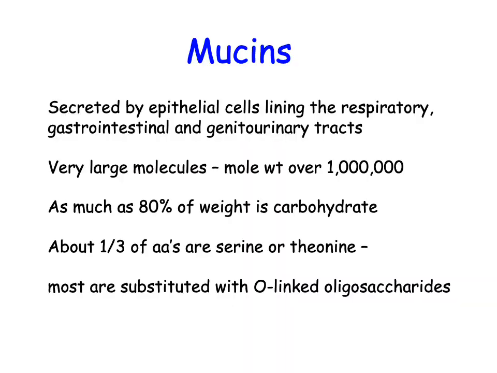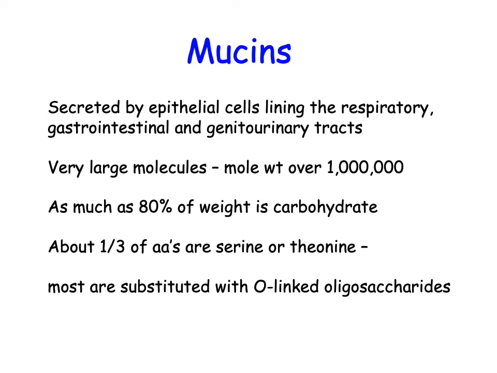So some of the properties of mucins. Now these are molecules that are secreted by epithelial cells that line the respiratory tract and gastrointestinal tract, the genitourinary tract. So any epithelial layer is likely secreting mucins.